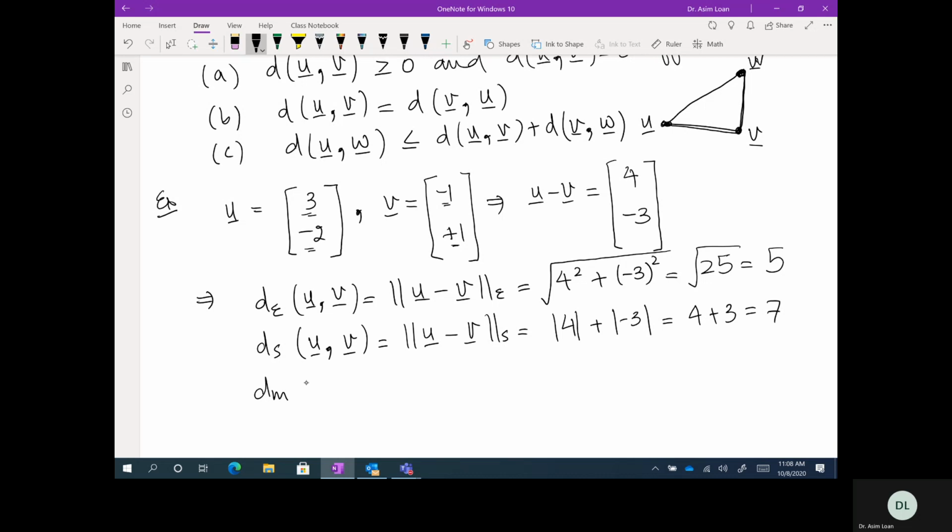And the distance using the maximum norm is the maximum of the absolute value of 4 and the absolute value of 3, which is equal to 4. So this is how you define distance functions for different norms.